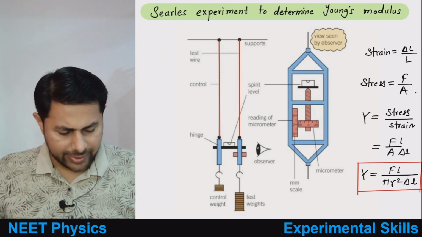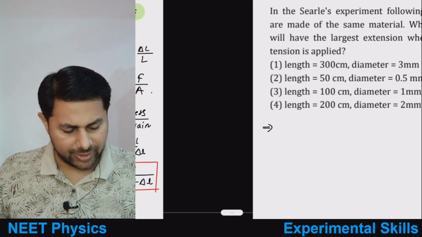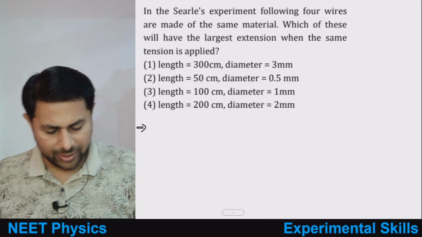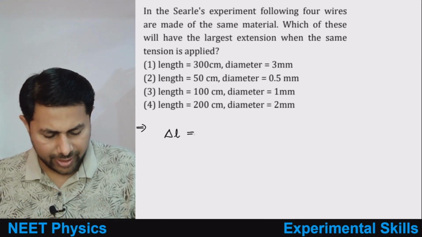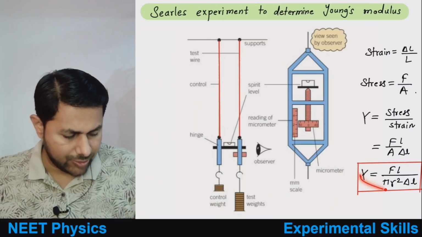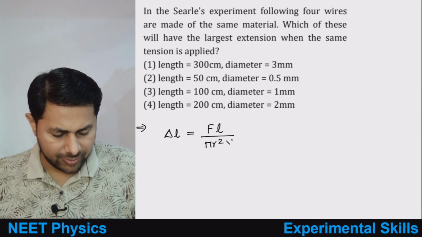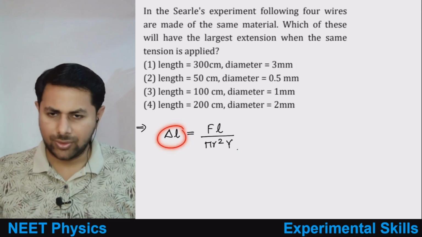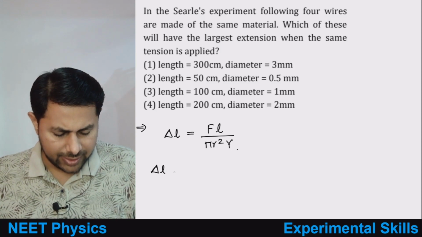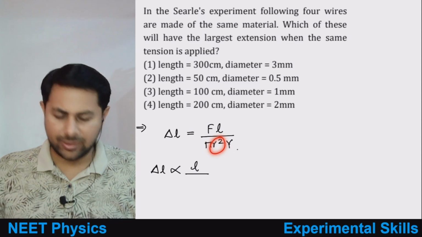So we want the largest change in length. What is given? Diameter is given, length is given. So use this formula. Using this one, I can say delta L is equal to force times L divided by, I will move Y on this side, so it is pi r square times Y. So delta L is directly proportional to L divided by R square.